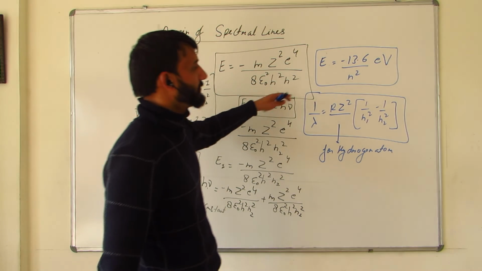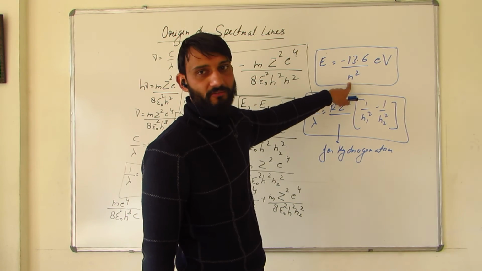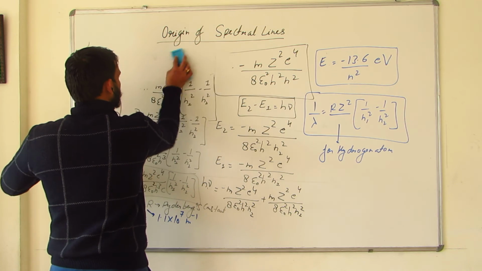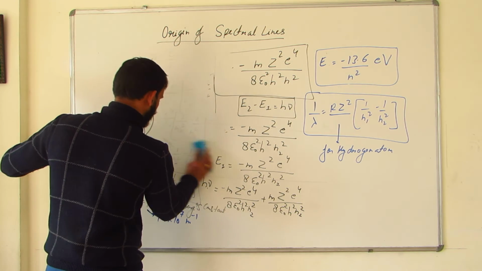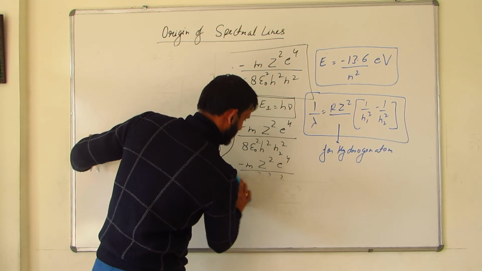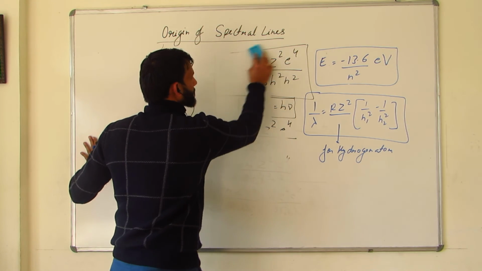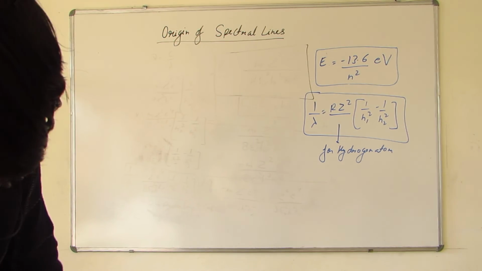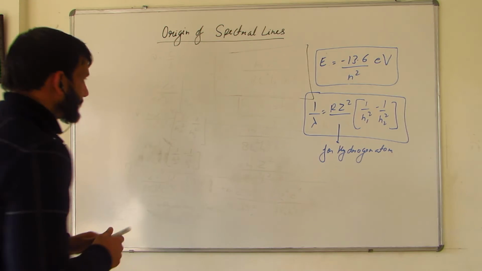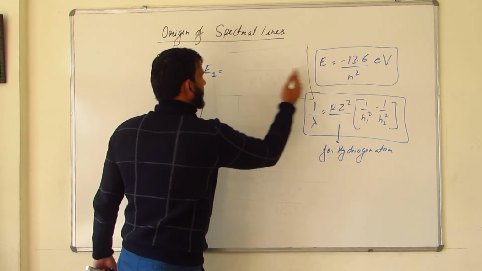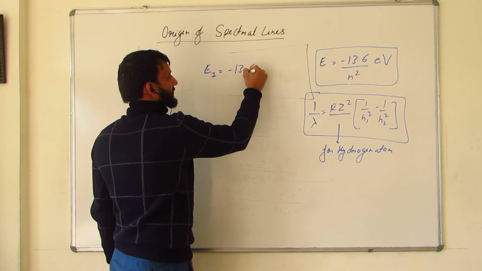So now we are talking about the hydrogen atom, so n is equal to 1, we are talking about the ground state. So energy for the hydrogen atom, put 1 here, it is given as minus 13.6 eV.